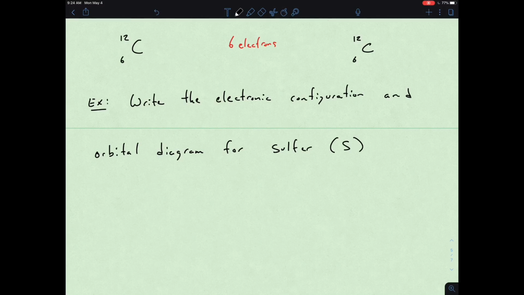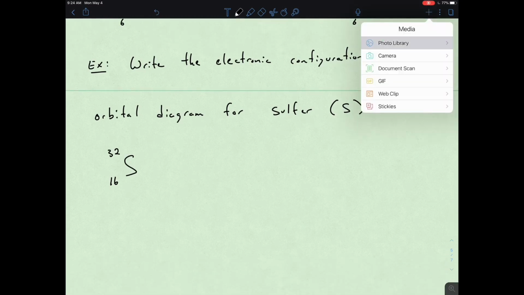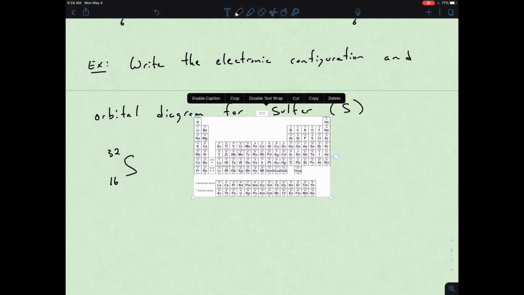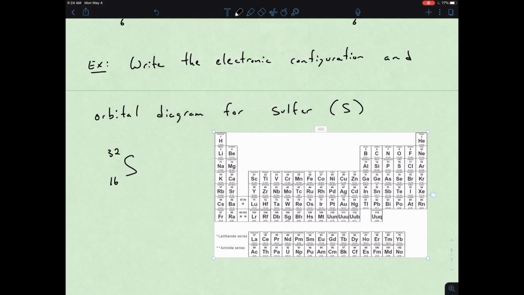Sulfur has roughly a mass of 32 and an atomic number of 16. Let's bring up our roadmap here. And we are looking at sulfur, which is right there.